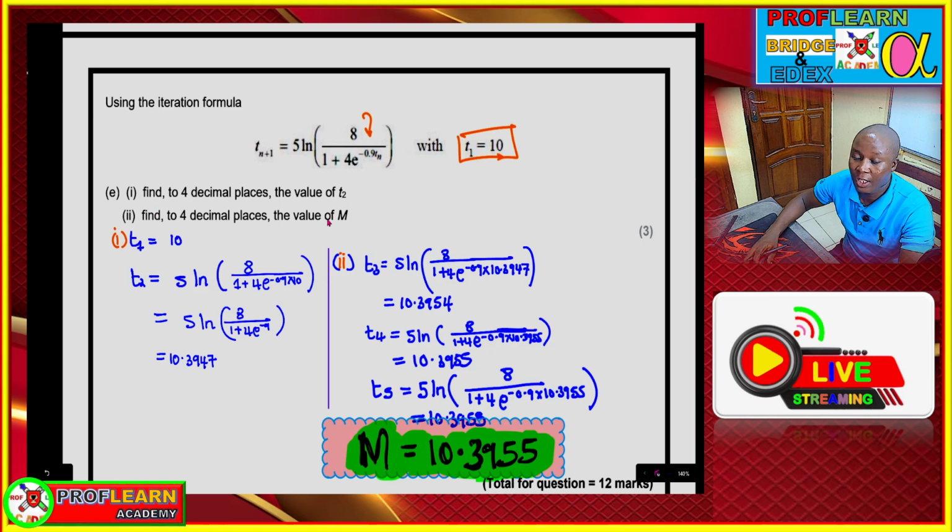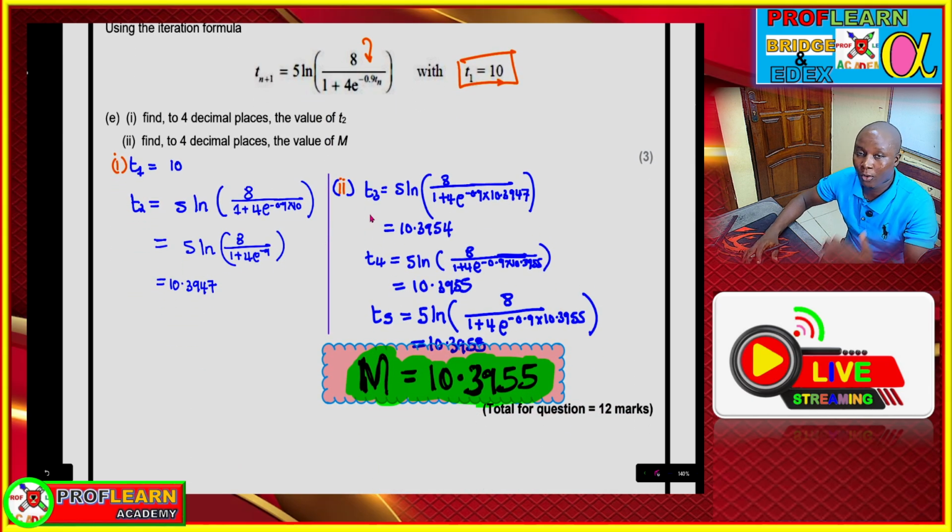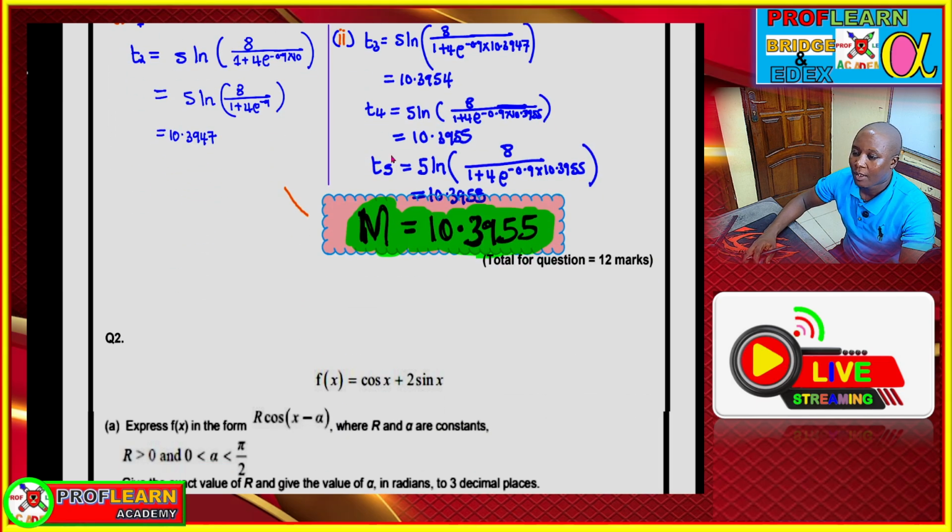Now, in Roman 2, we are supposed to find the value of m, the solution now. So in that case, we keep on substituting the initial answer until the terms are not changing. That is what I did here. I found t3 by substituting t2 into the iteration formula. Once I got this, again I found t4 by substituting t3 into the formula. I got t5.